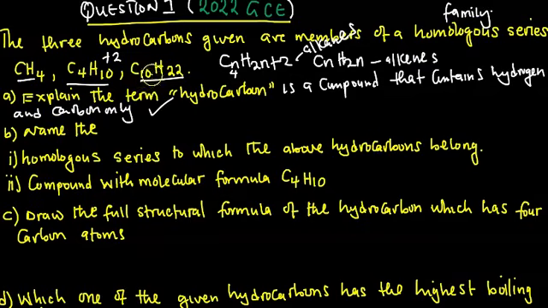Also, if we try out this one for 10, where there's n, then 10 multiplied by 2 is 20, plus 2 gives us 22. And this means that these belong to alkanes as a family.